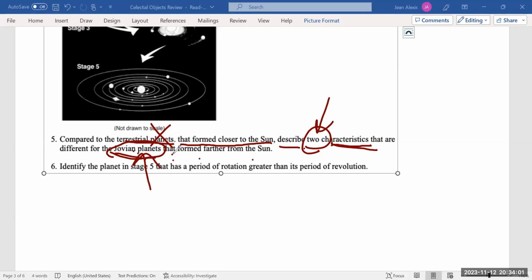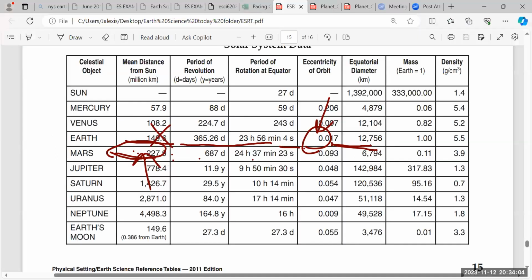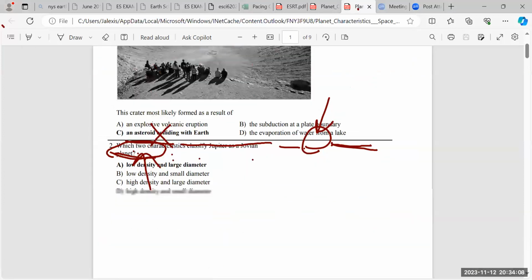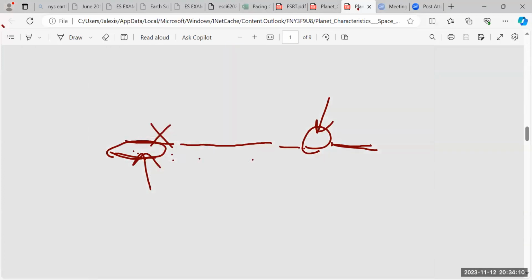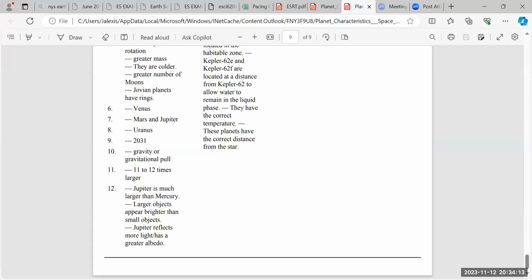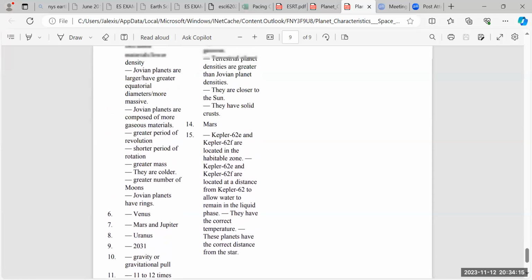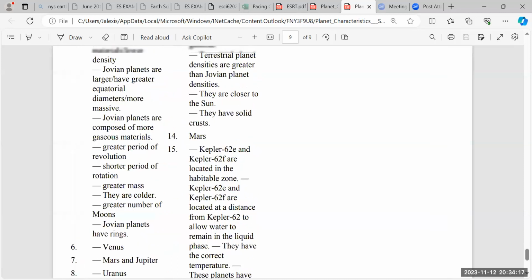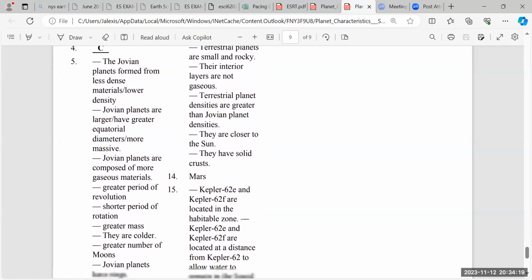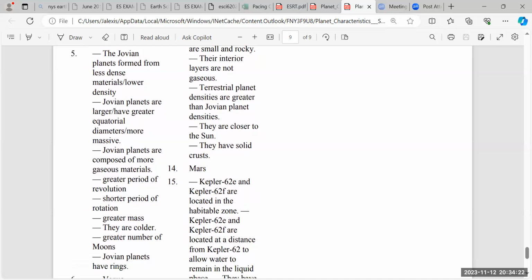So if we take a look at our answers, and this was for number 5, you could have said any of these options right here. You could have said the Jovian planets formed from less dense materials. The Jovian planets are larger, have greater equatorial diameter.